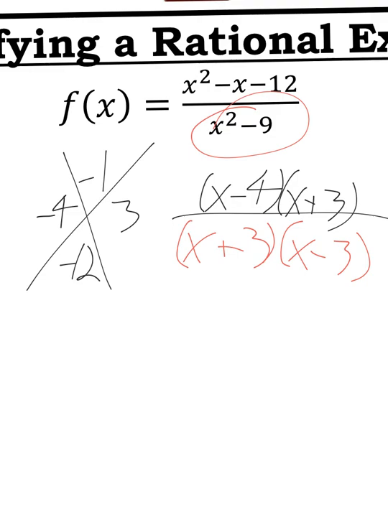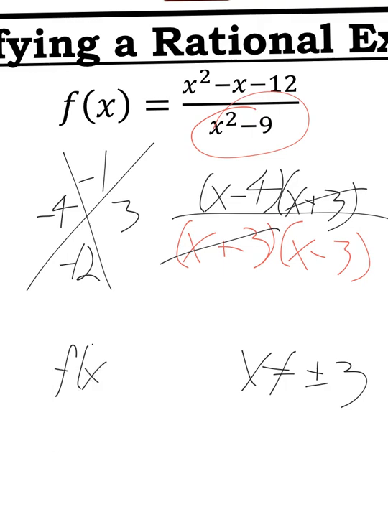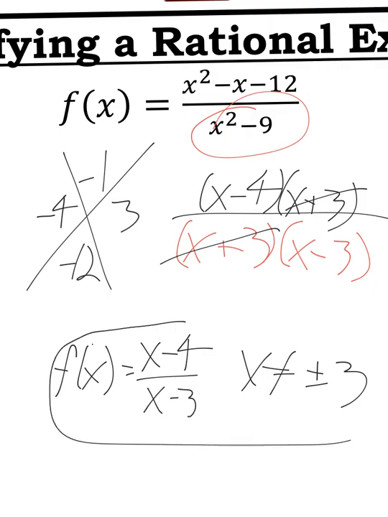And so my domain is restricted at 3 and -3, so x can equal plus or minus 3. And then the final answer is where the plus 3's cancel out, and I say that f of x equals x minus 4 over x minus 3. Okay? And that's it for that one.